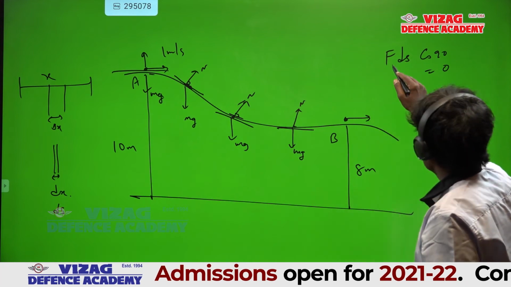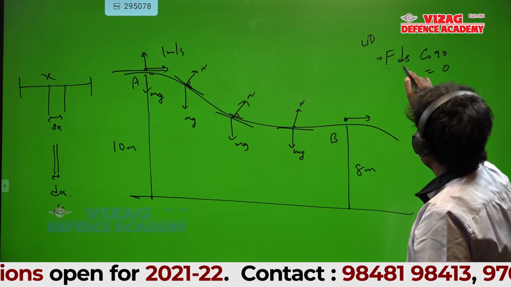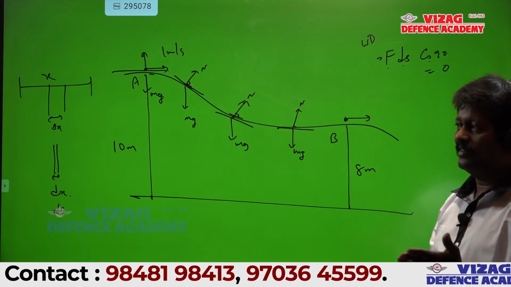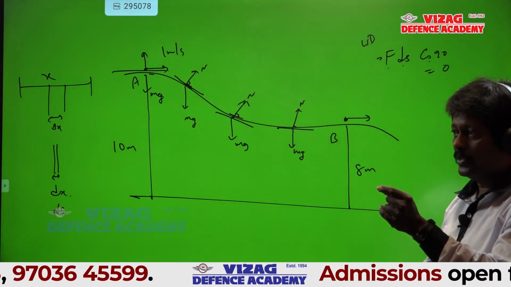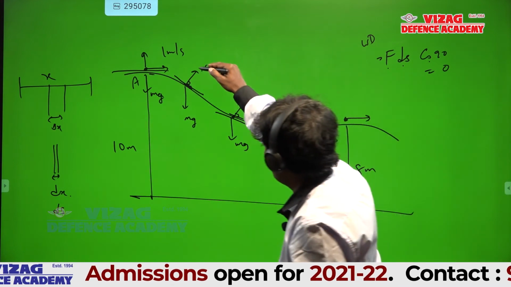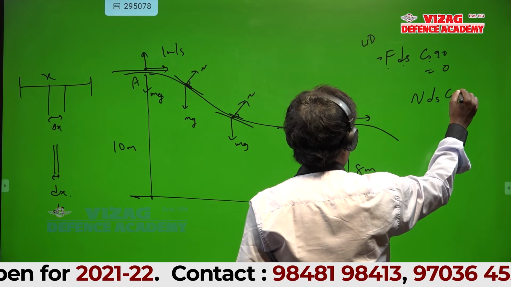That means work done formula F ds cos 90, 0. In the place of F I am writing N, and ds. Why ds? Small displacement. Actually N ds I should write, N ds cos 90.